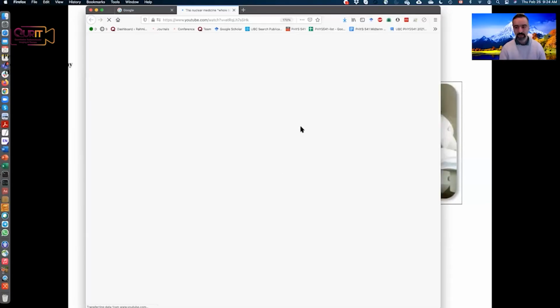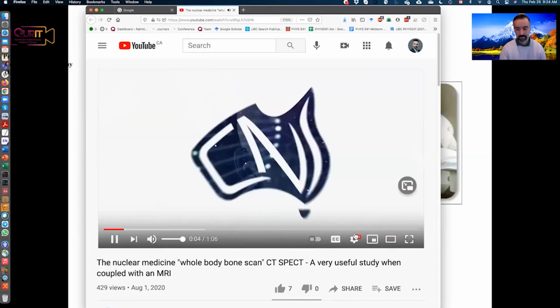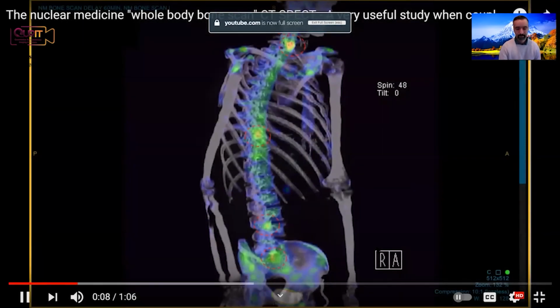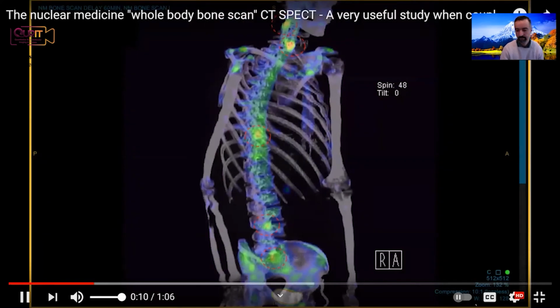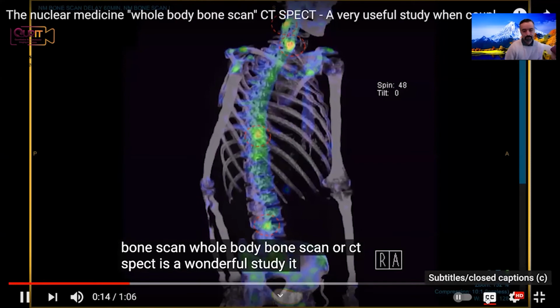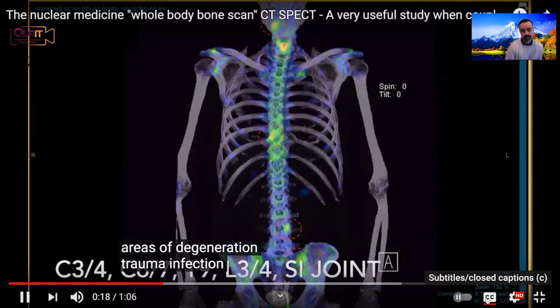An example, like a clinical example where an image is being read. The nuclear medicine bone scan, whole body bone scan, or CT SPECT, is a wonderful study. It can show areas of degeneration, trauma, infection, inflammation, or tumor.